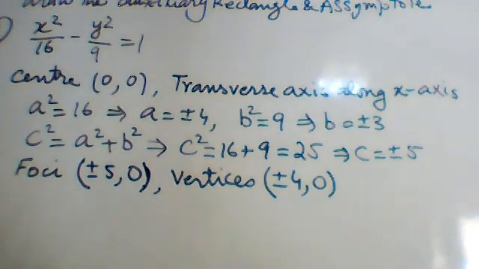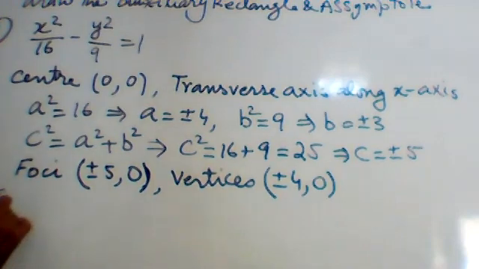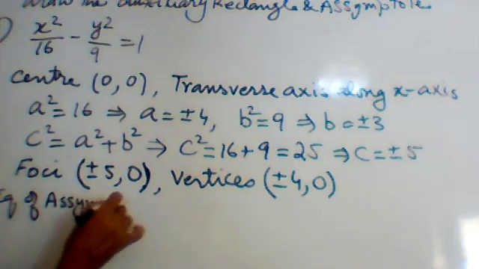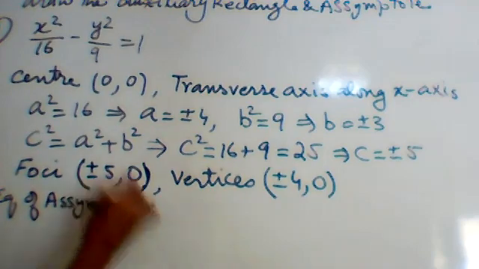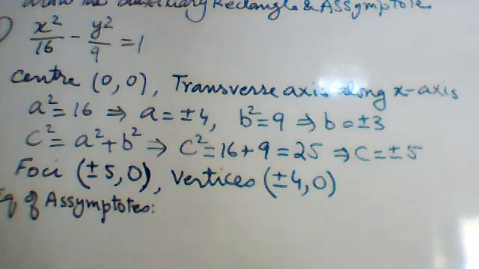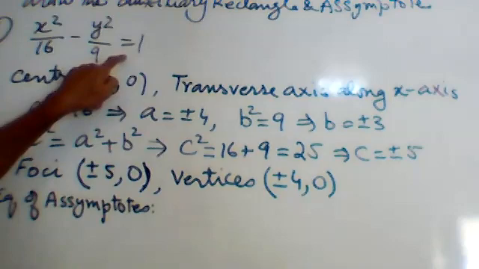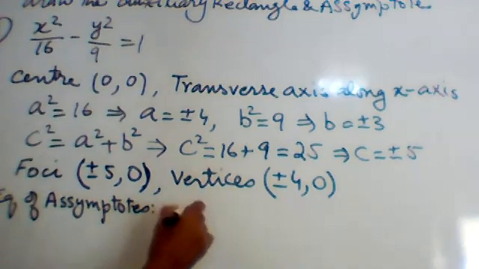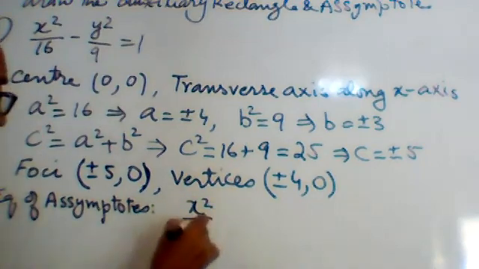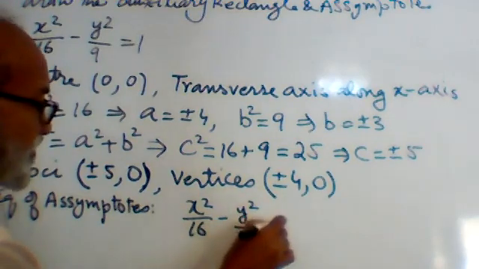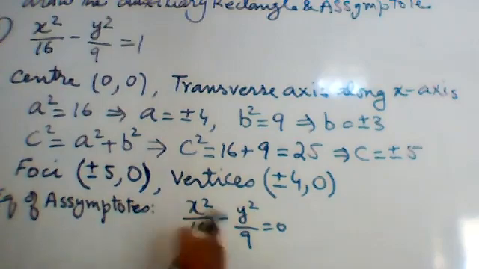Now we'll find the equation of the asymptotes. The one on the right side of the standard equation will become 0. We will take it 0. x square upon 16 minus y square upon 9 equal to 0. Shift y square upon 9 to the other side.